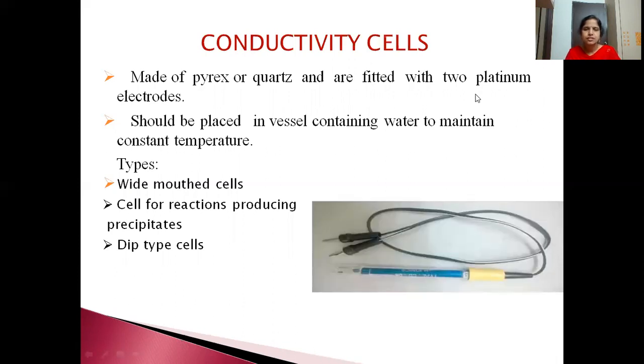This is the conductivity cell we use in our lab. Take the conductivity cell and dip it in the test solution.